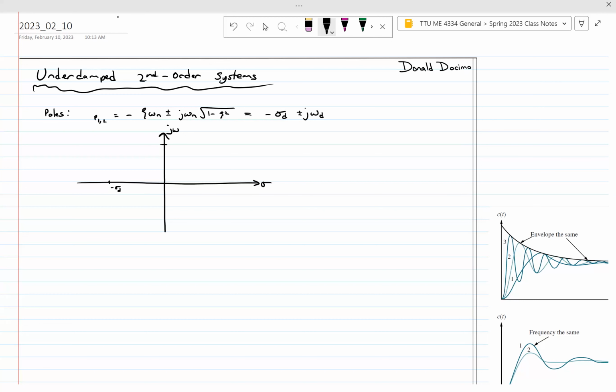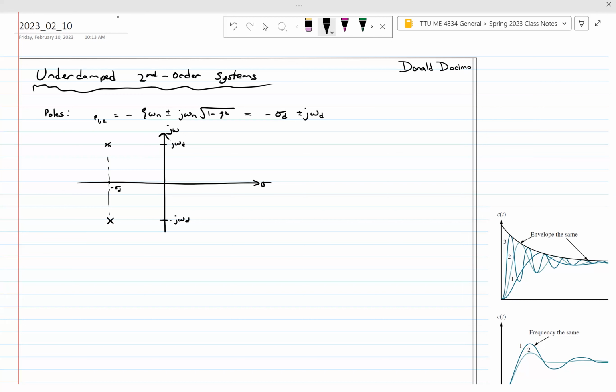And then let's say this is plus j omega d and minus j omega d here. So our two poles would be located at these spots, one right here, one right here. They're both complex numbers, so they're in the second and third quadrant here if it's a stable system, right?